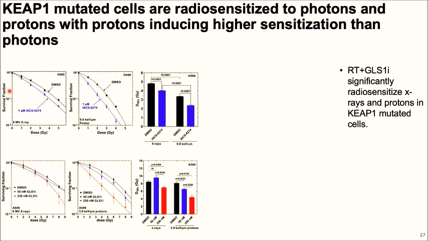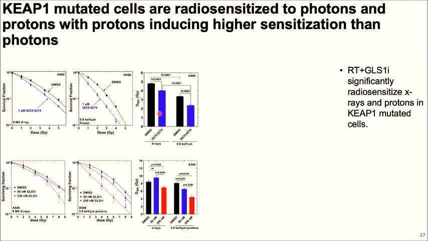This was for photons, and the plot in the middle is for protons. It's the same cell survival curve for the same cell line, but instead of exposing to photons, we expose them to protons. The figures on the bottom are the same sort of plots, but for a different cell line, which is also a KEAP1 mutated cell line.